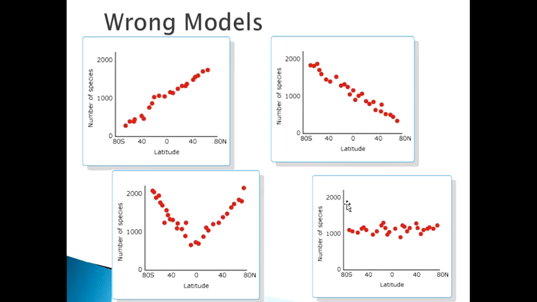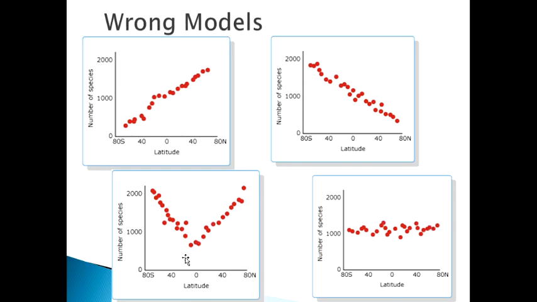So if you see graphs with ever-increasing diversity from one pole to another pole, or a reverse latitudinal diversity gradient with lowest diversities at the equator, or something that's constant around the globe, those are typically not viable, especially the top two. The bottom two, there are some data that suggest such things.